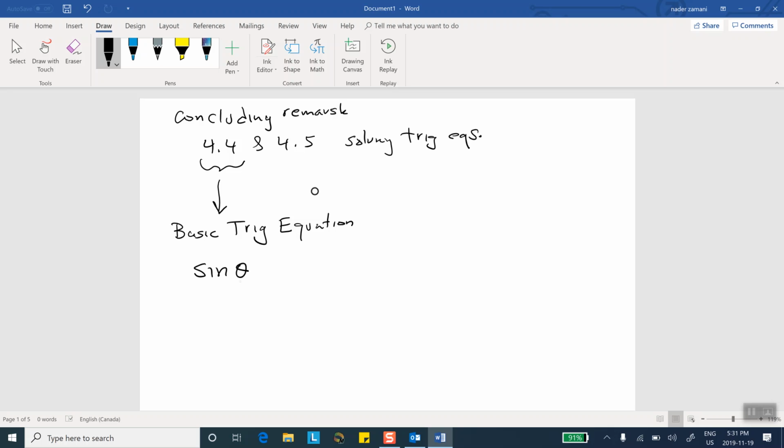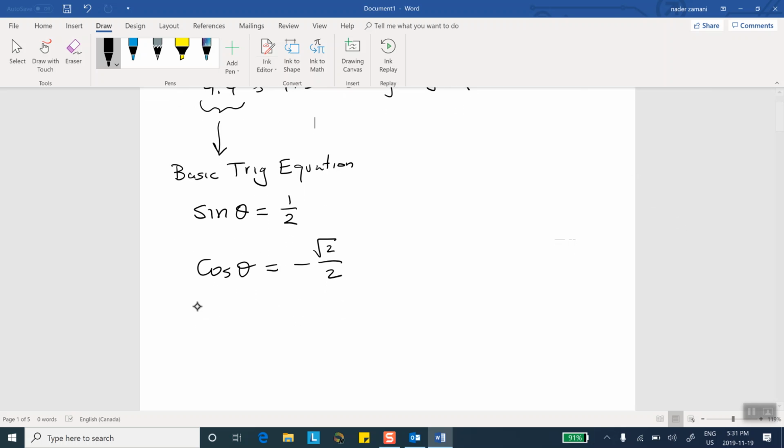Sine theta equal to, let me use some specific numbers here, for example, 1/2. Cos theta equal to, maybe minus root 2 over 2. And tan of theta, I'll give a specific example, say root of 3.